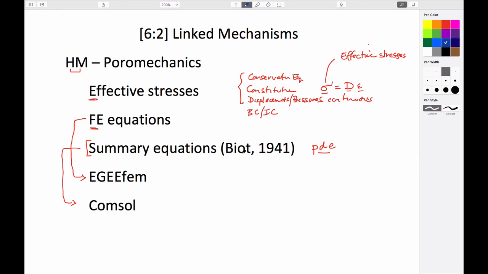When we look at the deformation part, we have to incorporate the idea that deformation is controlled by the total stress that's applied minus the fluid pressure. It's important to realize that the equilibrium of our system, in terms of it not moving, is defined in terms of total stresses, but its deformation is defined in terms of effective stresses. So that's why we had to do that.